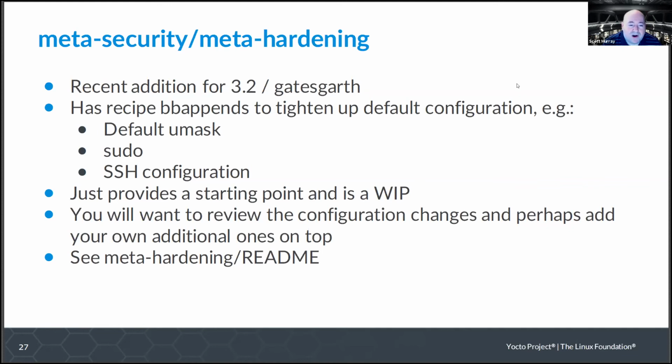But it's a work in progress. Armin started it recently, and it's a starting point. You're going to want to review the changes it makes and maybe add your own. There's a README file there, and I suspect Armin would be open to suggestions for extra things that could go into this layer.